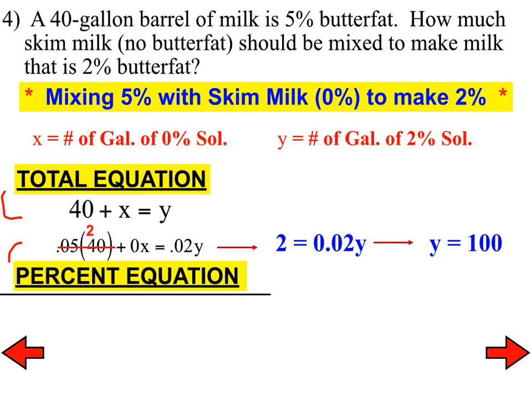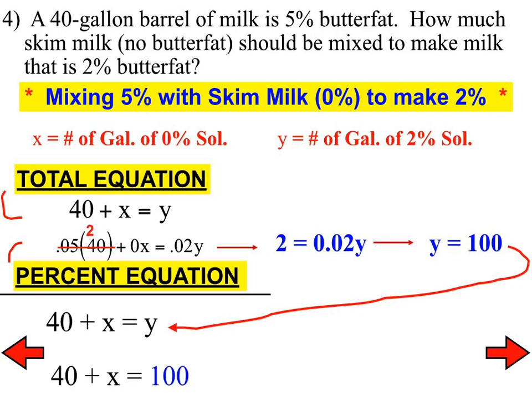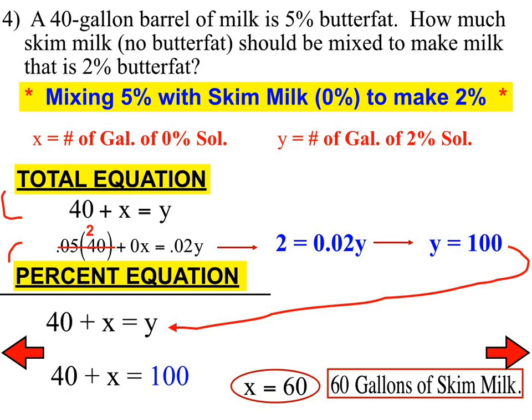That gives us 100 gallons of the 2%, but that's not what is being asked. What is being asked is how much of the skim milk. So we need to figure out how much we have of that, and that, of course, would be 60 gallons of skim milk.